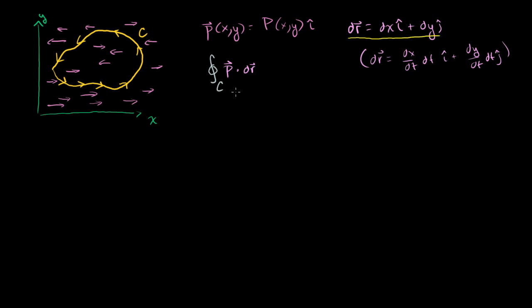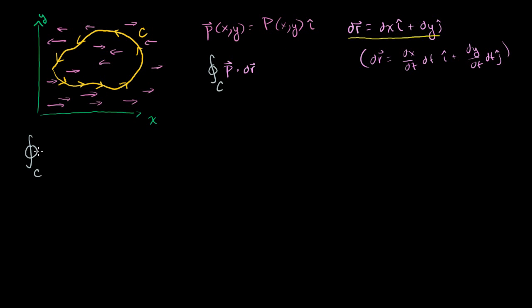So this integral can be rewritten as the line integral over the path, or the curve C, of P dot dr. So we take the product of each of the coefficients, let's say the coefficient of the i component.